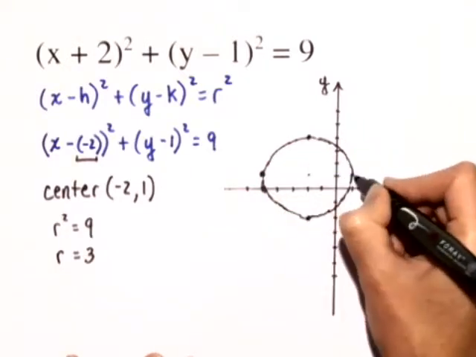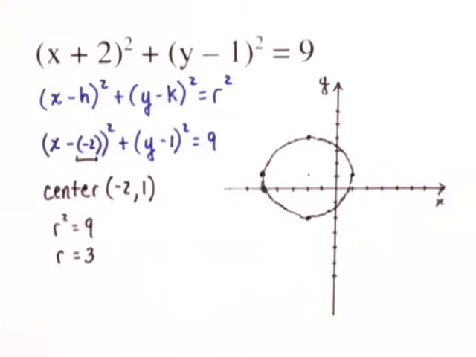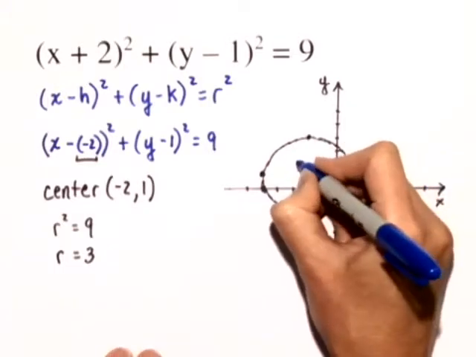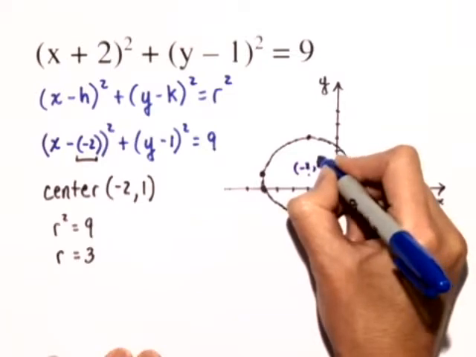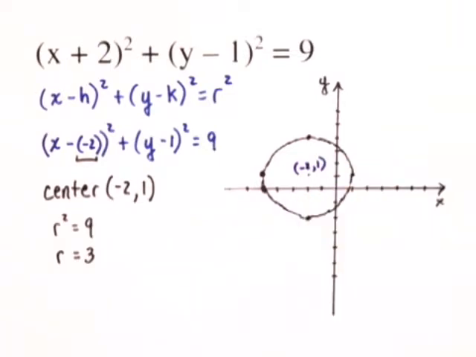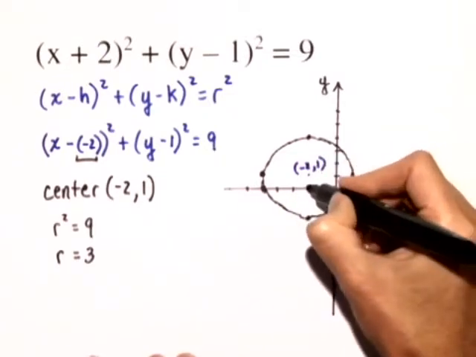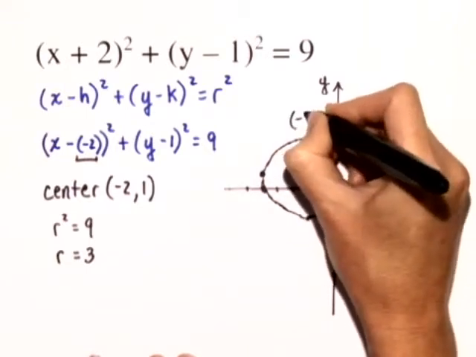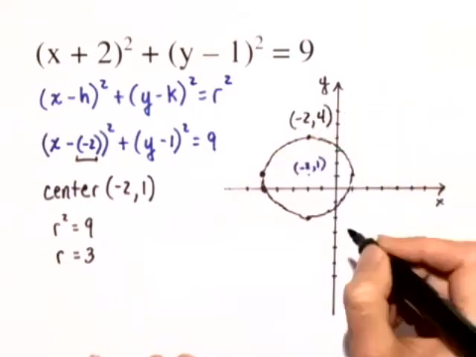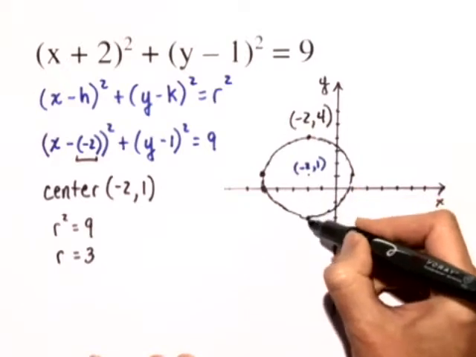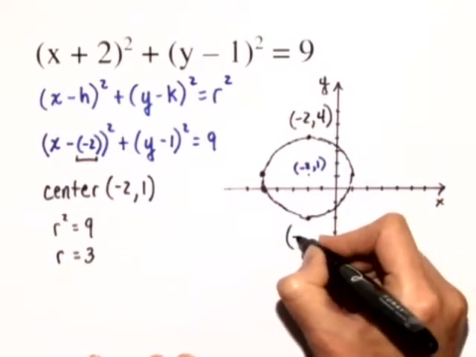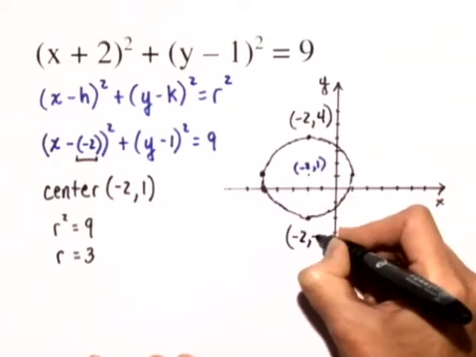That will help me determine the domain and the range. Now remember, my center here is at (-2, 1). So when I went up 3 units, I really went up to (-2, 4). And when I went down 3 units, I really went down to (-2, -2).